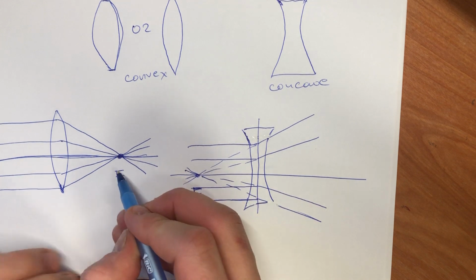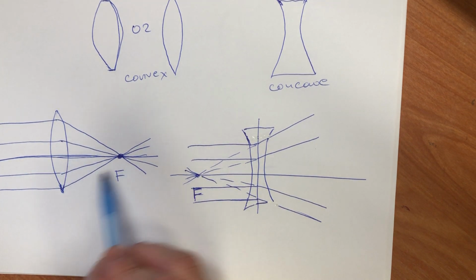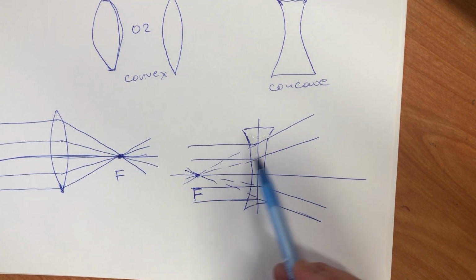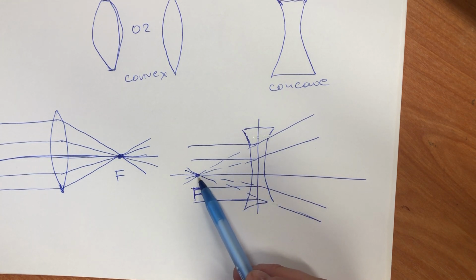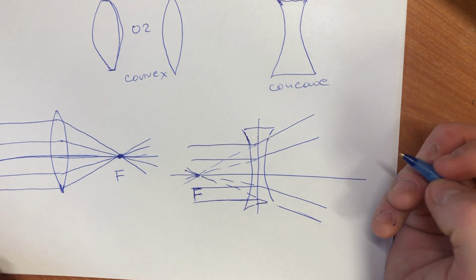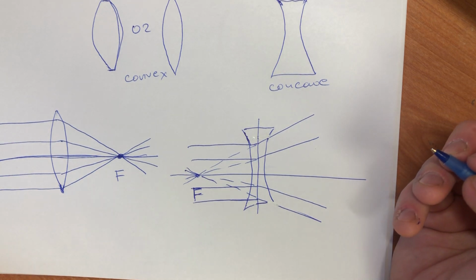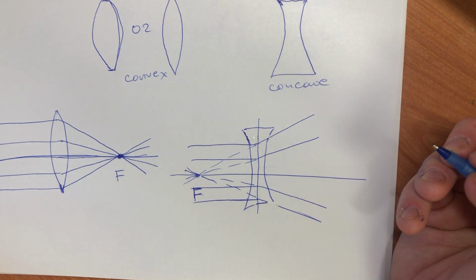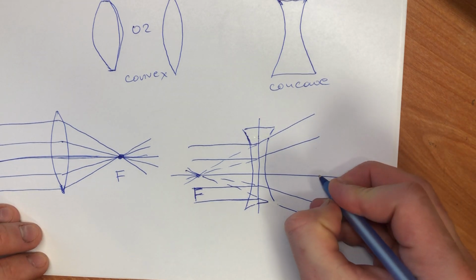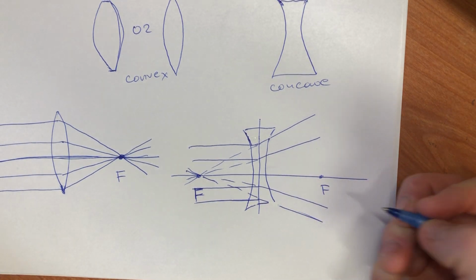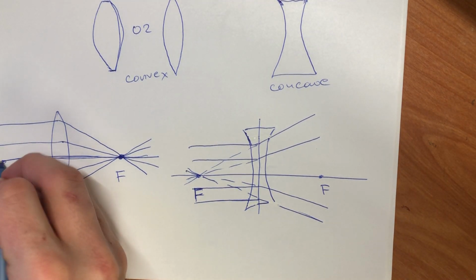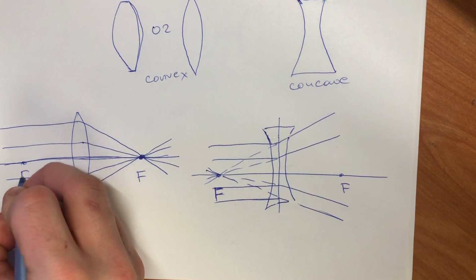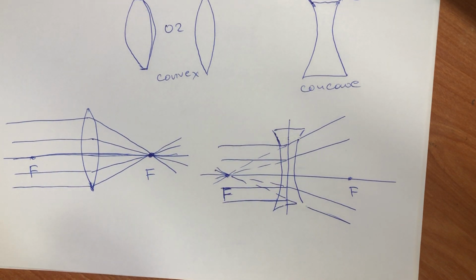This focal point of the converging lens was on the right. So here the extensions of the light rays converge on the left. Here at the same distance would be f on the other side, another focal point.